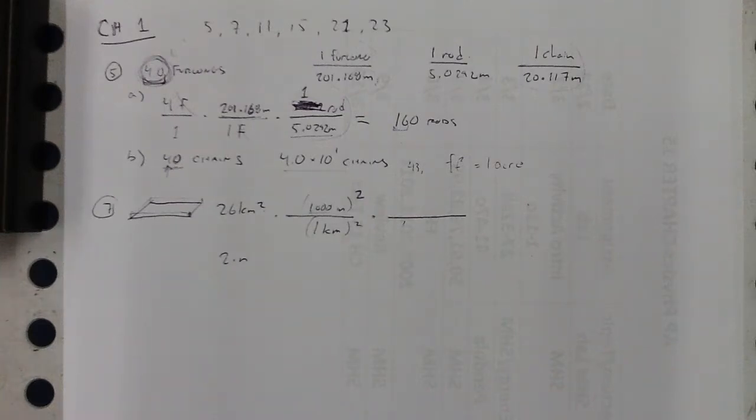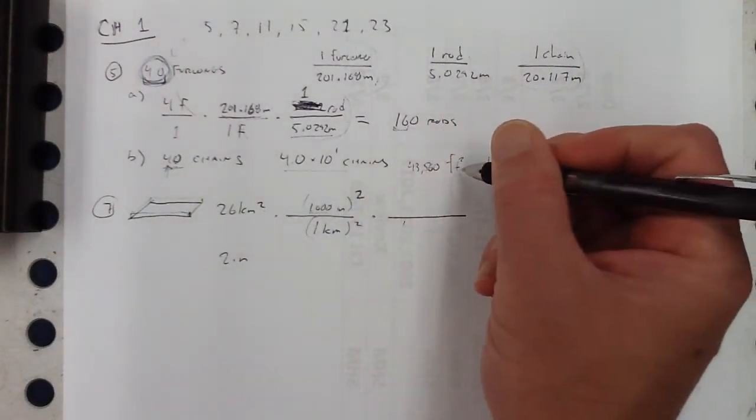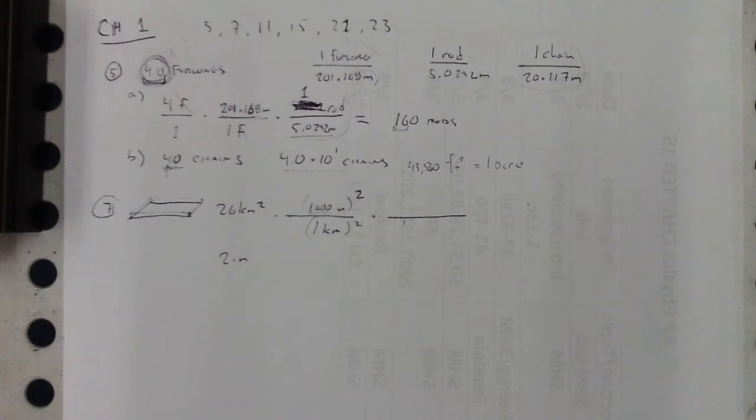Maybe Appendix D. Yes. It starts on A5 in the back of your book. For area, this is on the bottom of page 5 in your textbook. We have 1 acre is 43,560 square feet. So I'm going to try to use that and see how it goes.